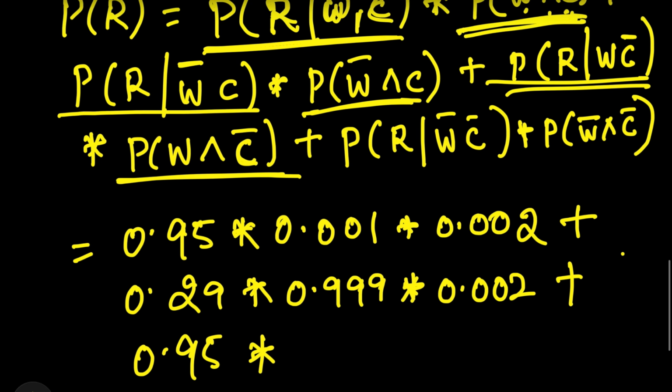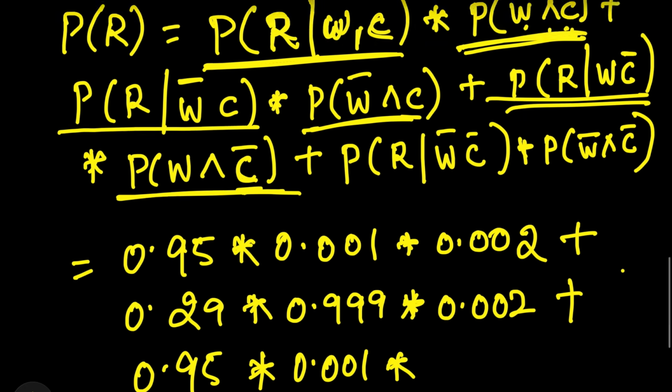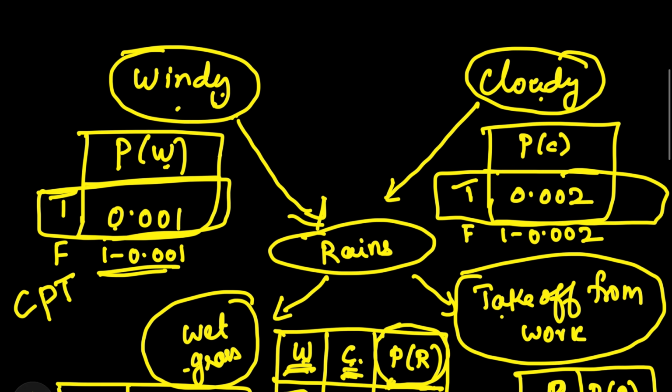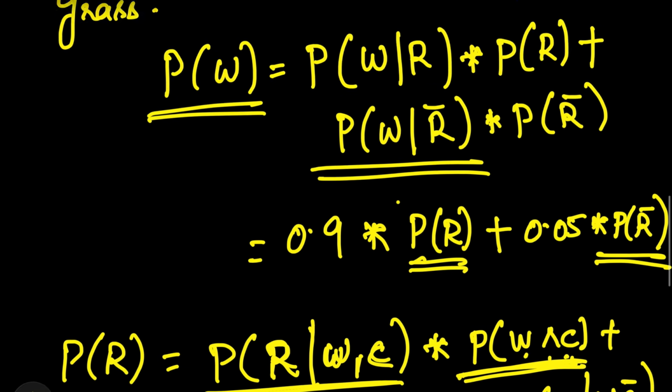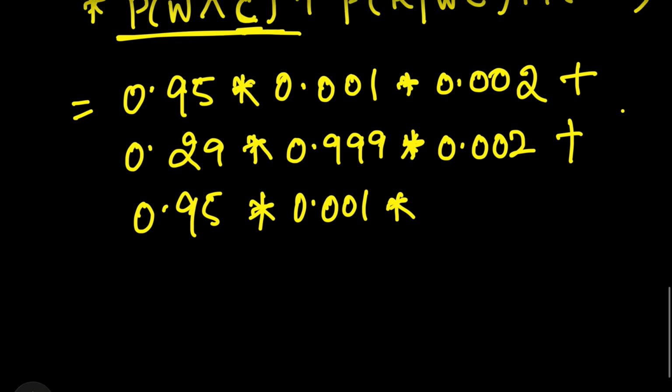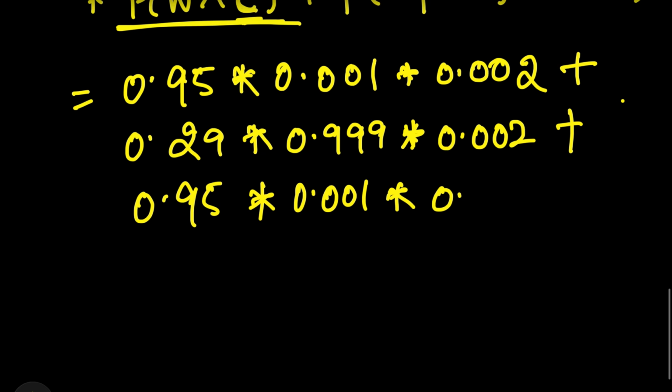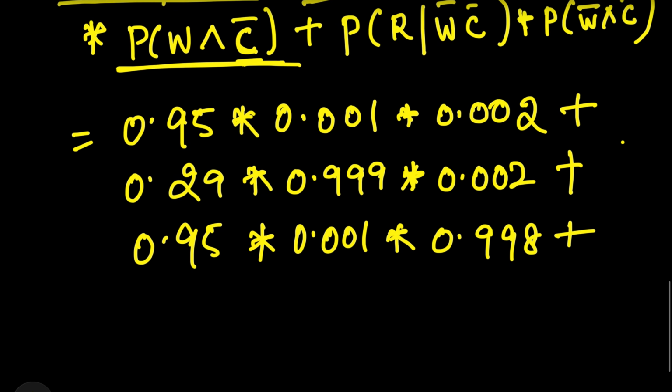So we can take 0.001 into probability of C false. Probability of C false is 1 minus 0.002, which is 0.998.